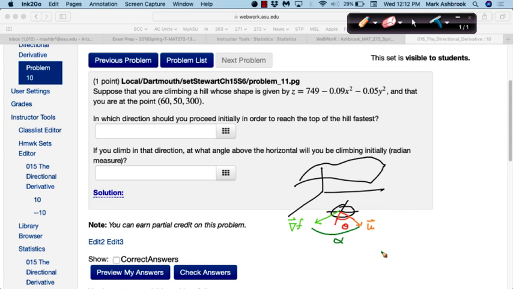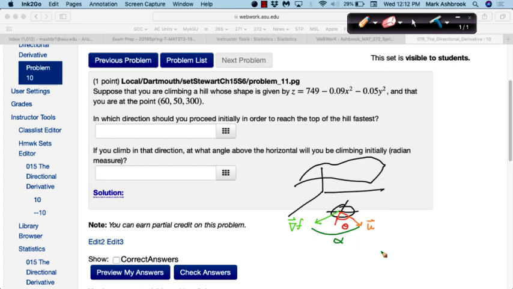So alpha, and to maximize the rate of change, we said alpha should be 0, right? We should choose u to be in the direction of the gradient. And to make a 0 rate of change, alpha should be, what, remember? Pi over 2 or 3 pi over 2, orthogonal to the gradient, right? To make for 0 rate of change. Okay, so there's that angle alpha.